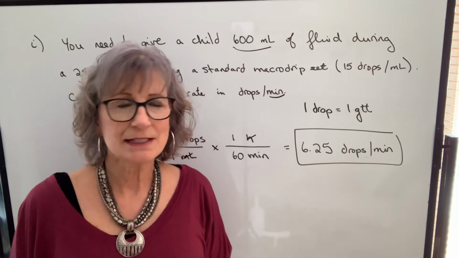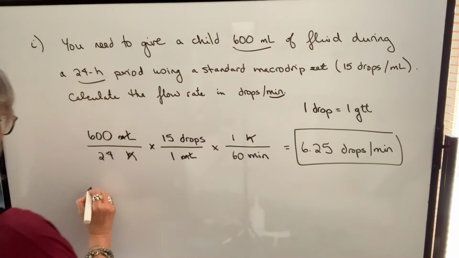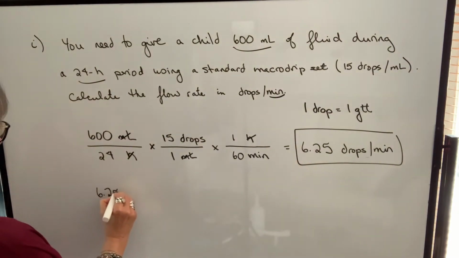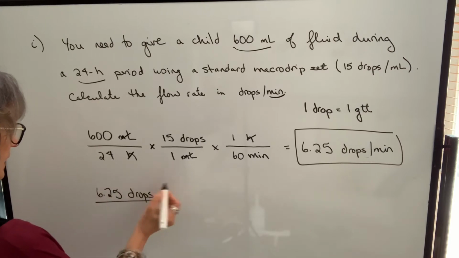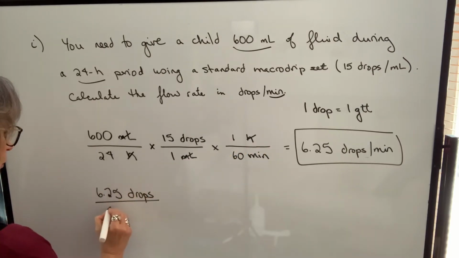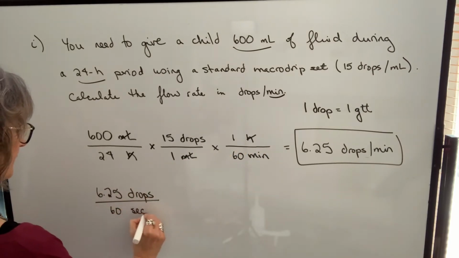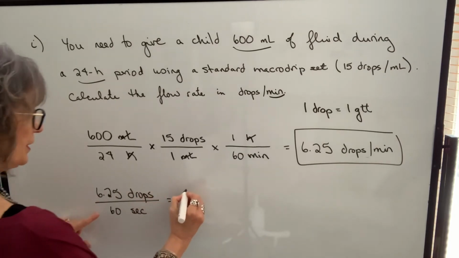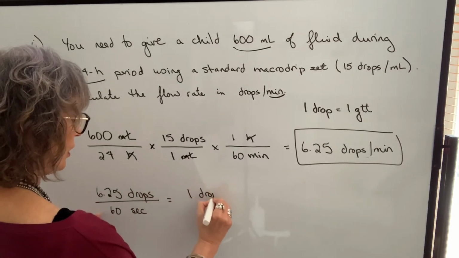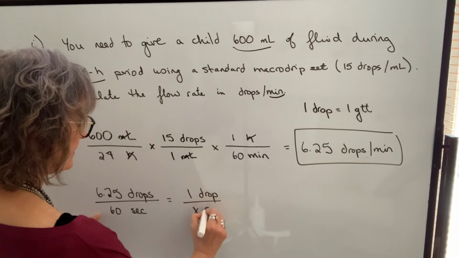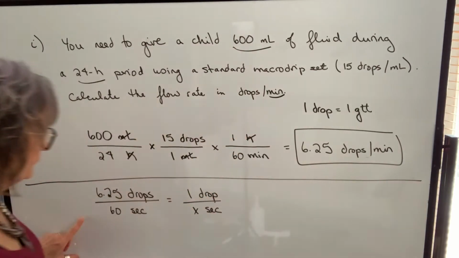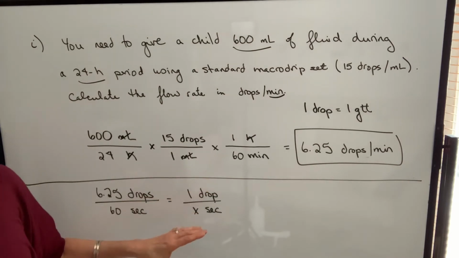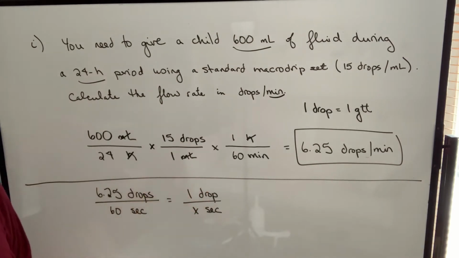And the way I'm going to set it up is 6.25 drops, instead of a minute, I'm going to go 60 seconds. That ratio should equal the ratio of 1 drop per X seconds. So if you're asked something like that, I would set it up as a proportion.